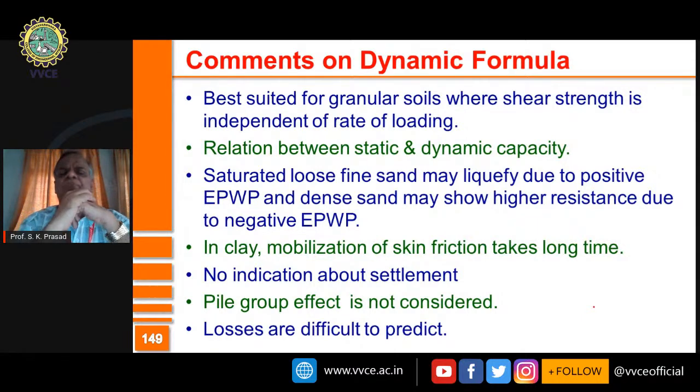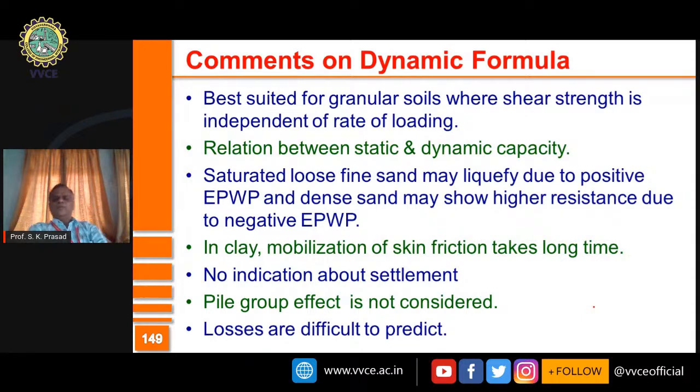The relationship between dynamic and static capacity is very difficult to make. Lot of unpredictable things in dynamics, and whatever you do in driving the pile is dynamic force which you apply, but what we want is the static capacity. Many people question whether you can relate these two.